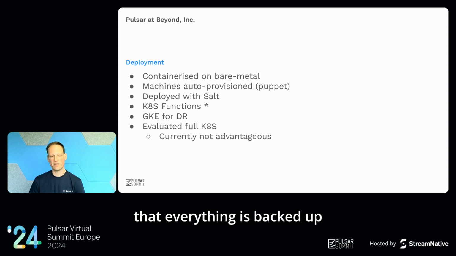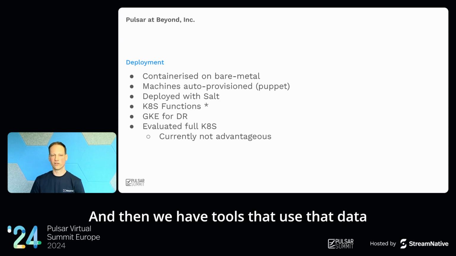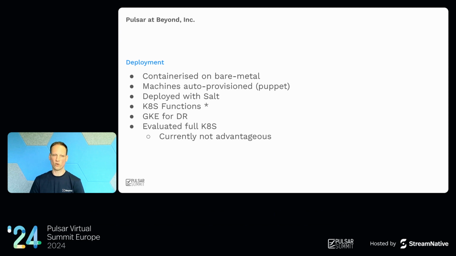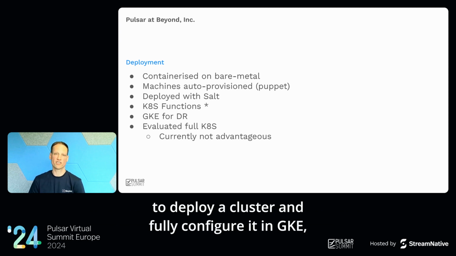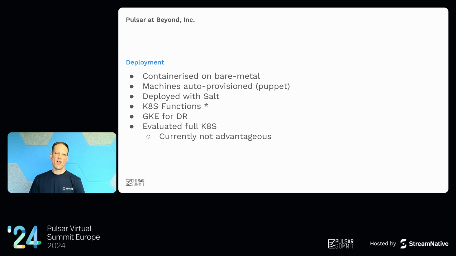Everything is backed up to a cloud storage bucket nightly, and then we have tools that use that data to deploy a cluster and fully configure it in GKE, and we test that out regularly. It used to be weekly; we're in a monthly cadence now.